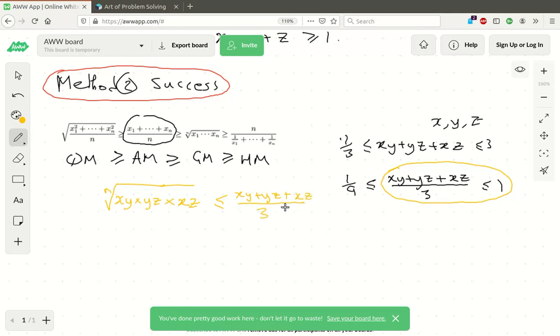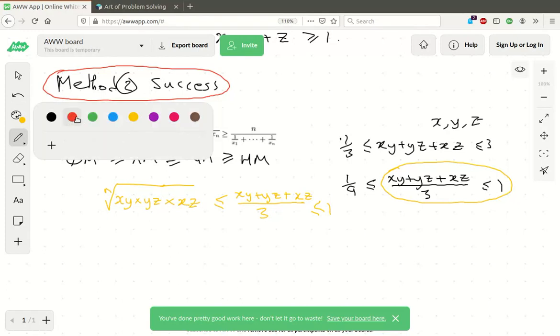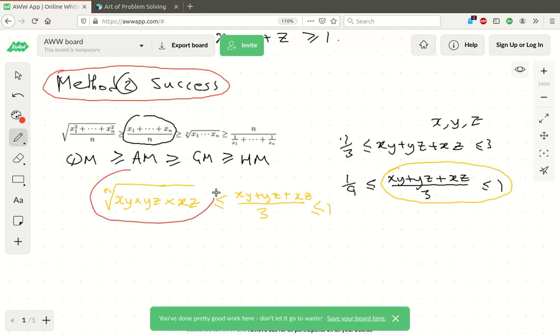That's just from the arithmetic mean, geometric mean inequality. Well, we know this is definitely less than or equal to 1, and that's definitely less than or equal to that, which means we can say that this here is definitely less than or equal to 1. Great. Okay, now the answer is going to pop out.